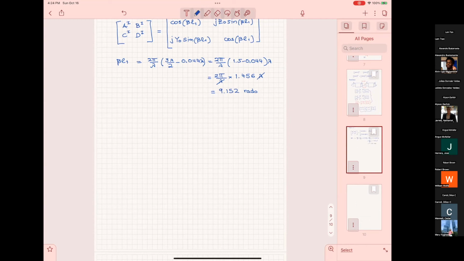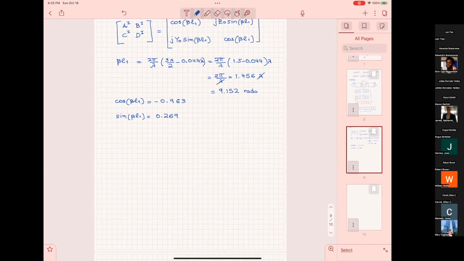And then after that, I'm going to find the cosine of this, which is minus 0.963, and the sine of 9.152, which is 0.269.